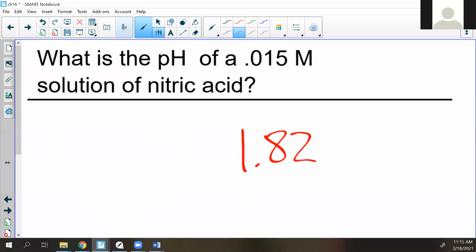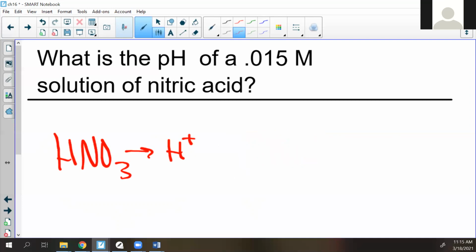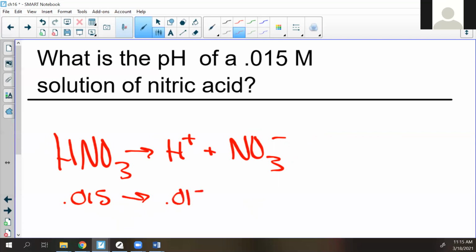Okay, look at me. Nitric acid is strong, which means HNO3 completely dissociates into H plus and NO3 minus, 100%, right? So if I had 0.015 of this and it dissociates completely, that means I have 0.015 of H plus.